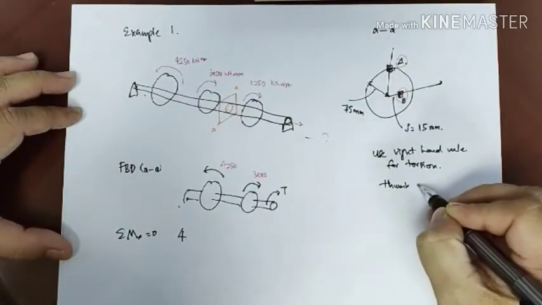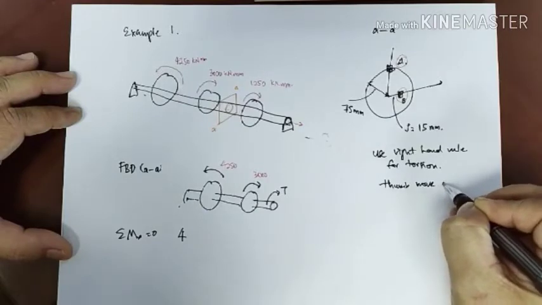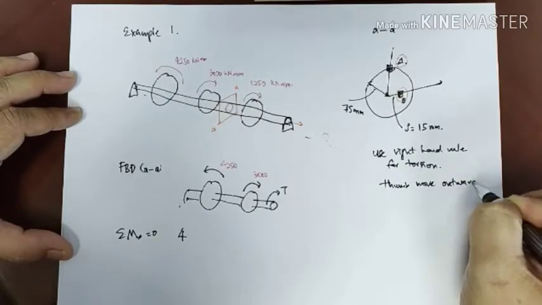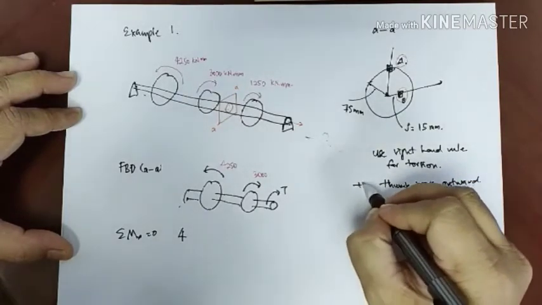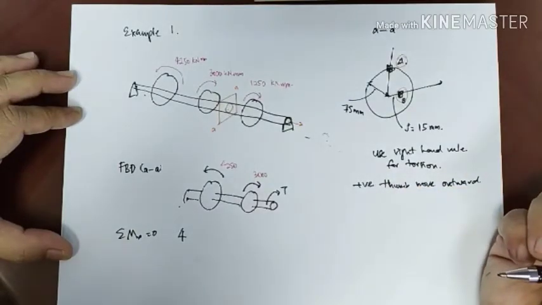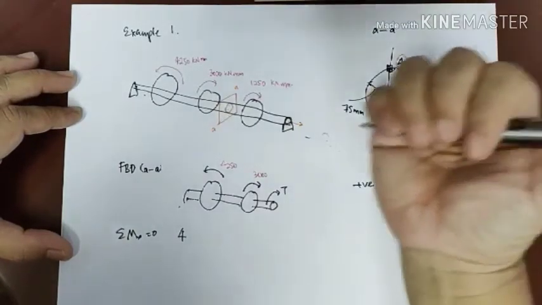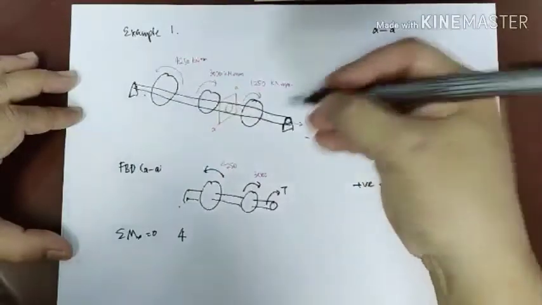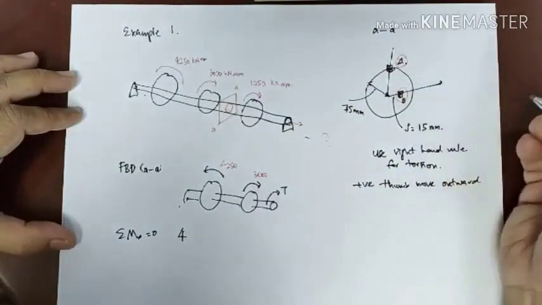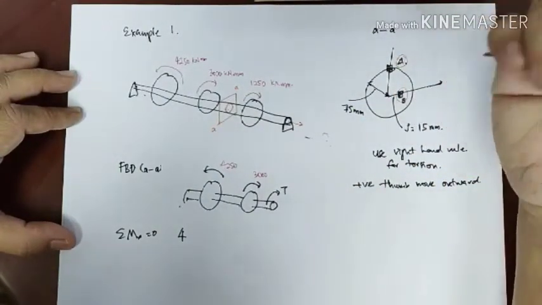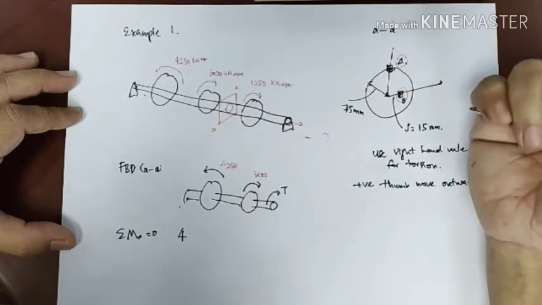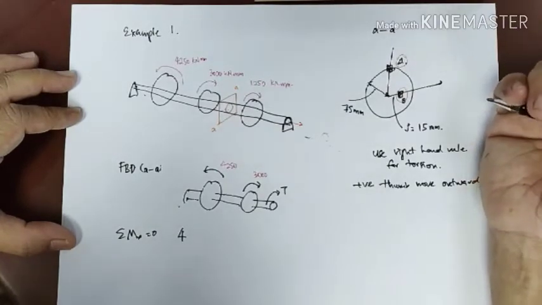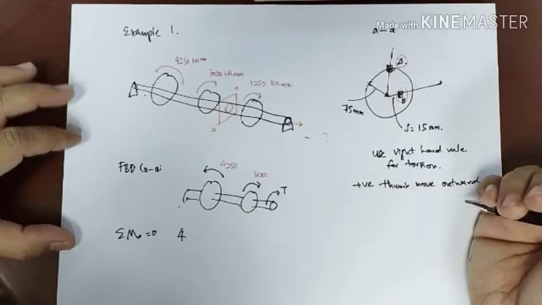Anti-clockwise refers to positive moment, positive torque.